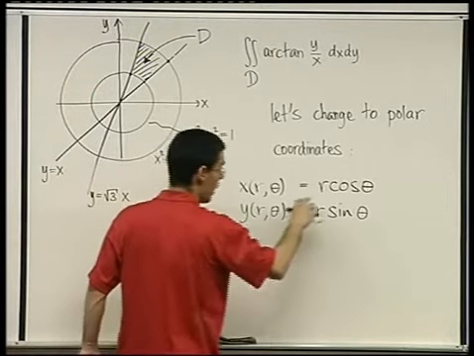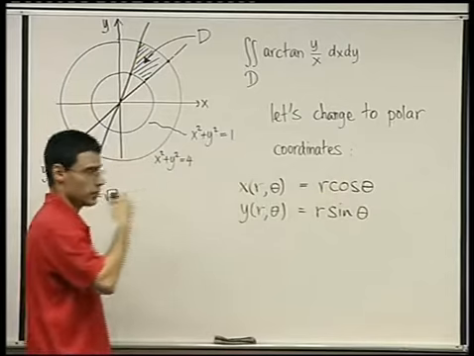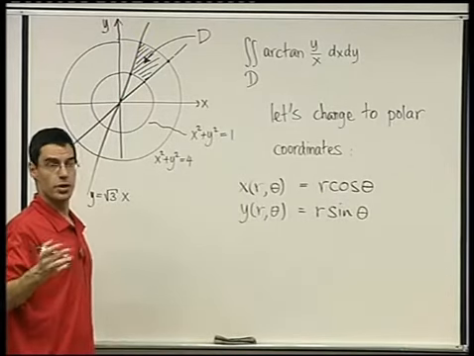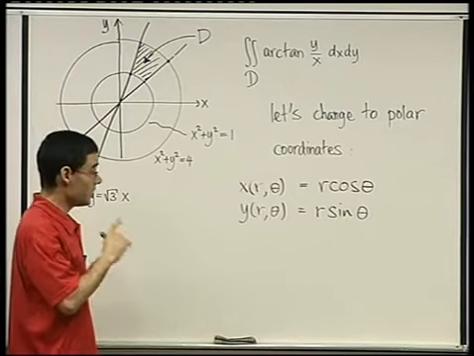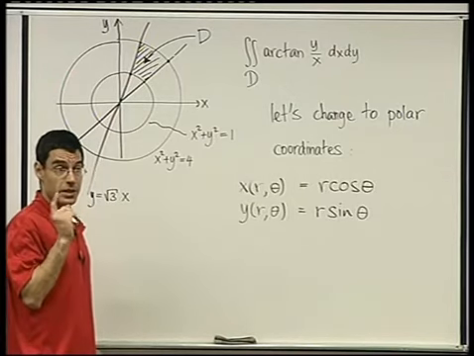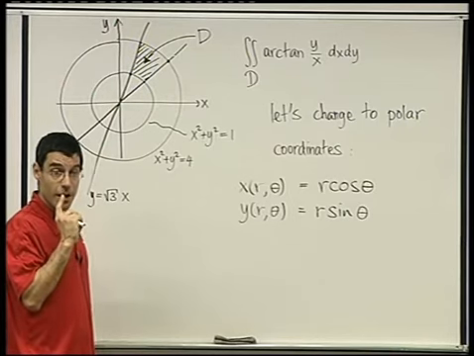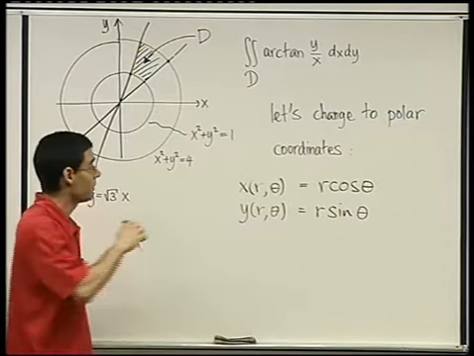If we know what x and y are, we can find r and theta. r is the root of x squared plus y squared, and theta, hint, hint, hint. Do you remember what theta was? Arctan of y over x.